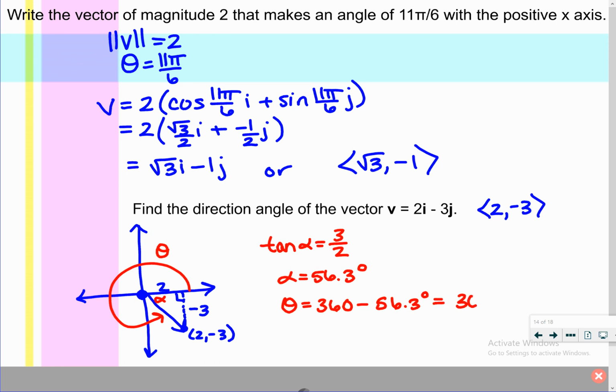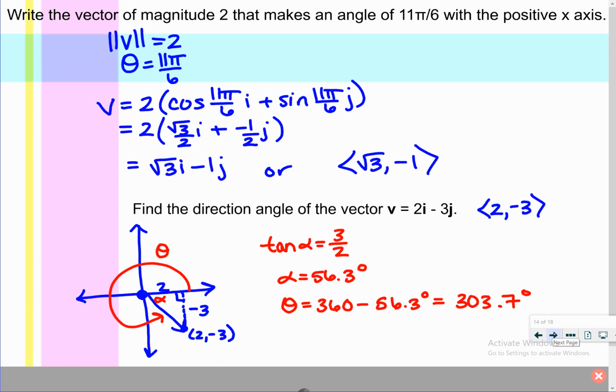So that's going to give me 303.7 degrees as the direction angle. Okay, so make sure if it's asked for a direction angle, whatever angle you have makes sense with what quadrant you're in. This vector is in quadrant 4, so you better have an answer between 270 and 360. Any questions on that? Okay. You could also solve for the magnitude here if you needed to. You just do the Pythagorean theorem with 2 and 3.